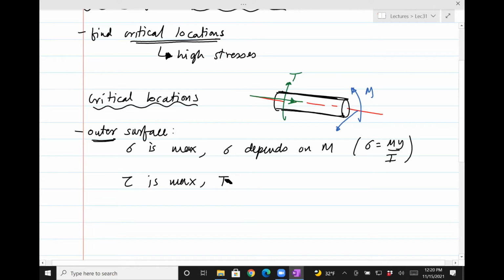The shear stress depends on torque, and the formula for that is T times rho divided by J, right?